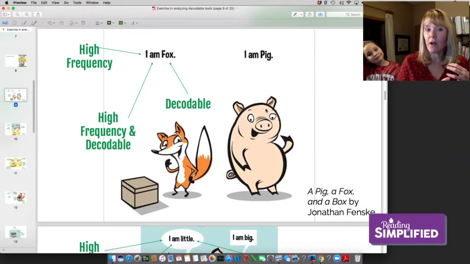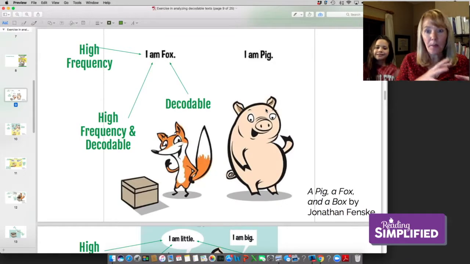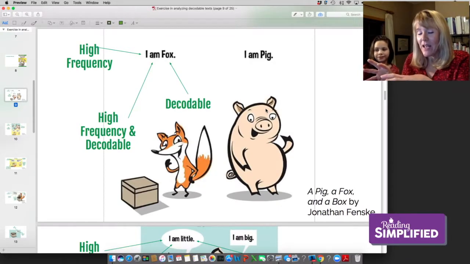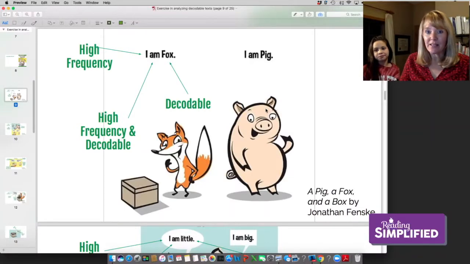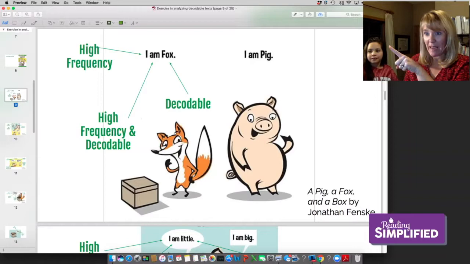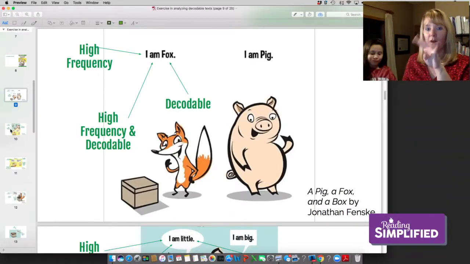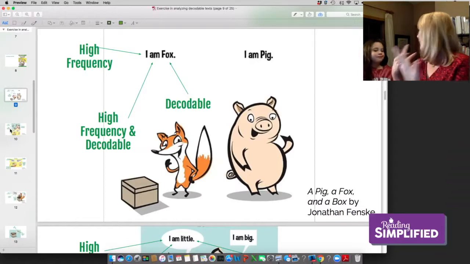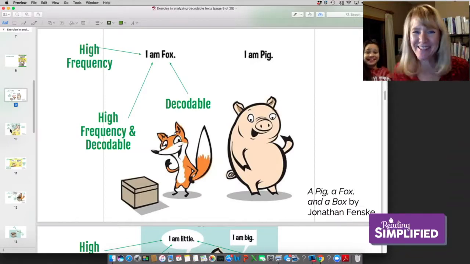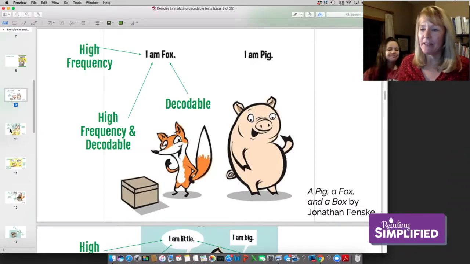If they've been studying a particular letter-sound relationship and phonemic awareness, then they can apply it in this text. And if they are given a text that doesn't break this pattern, but keeps going with this pattern, I am a fox, I am a pig, I am a dog, I am a cow, I am a bunny, I am a horse, then they don't apply it.